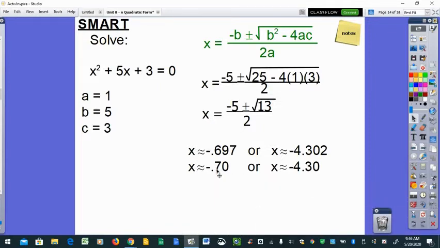You can put that negative 0.7 in for x in the original and do the math, and it should almost equal 0. Now you heard me say almost. That's because we rounded. You won't get a perfect check. And then you would do a second check. Square the negative 4.3, plus 5 times negative 4.3, plus 3, and you can actually check your answers. But just remember, with the rounding, it won't be a perfect check.